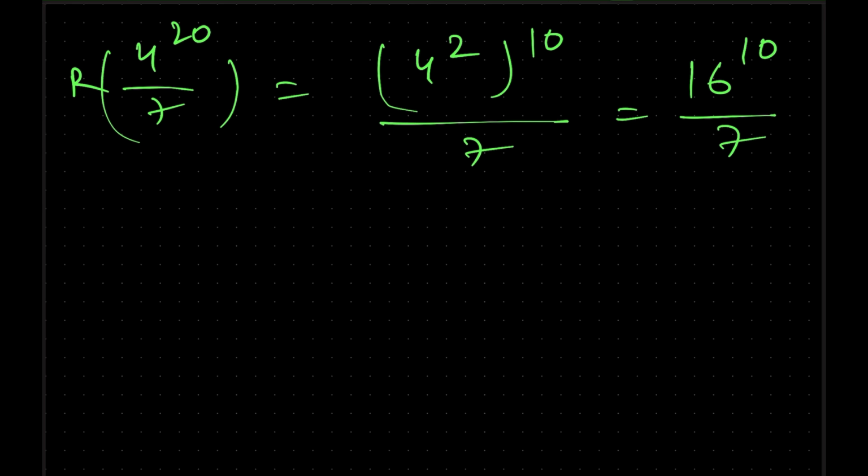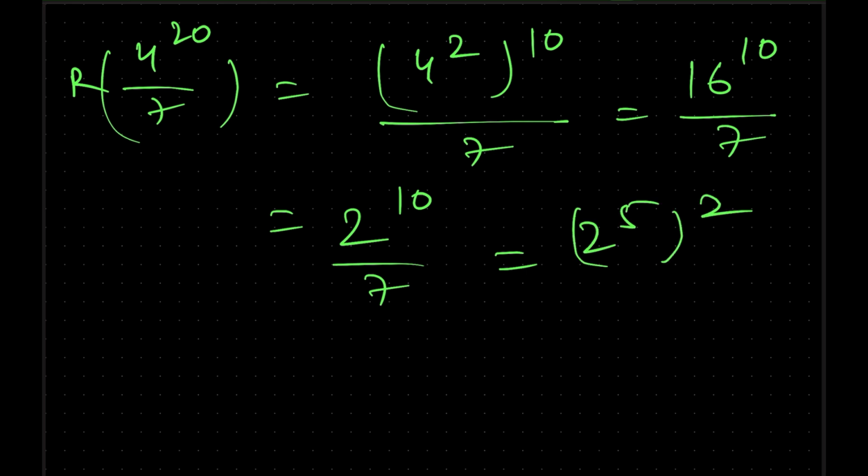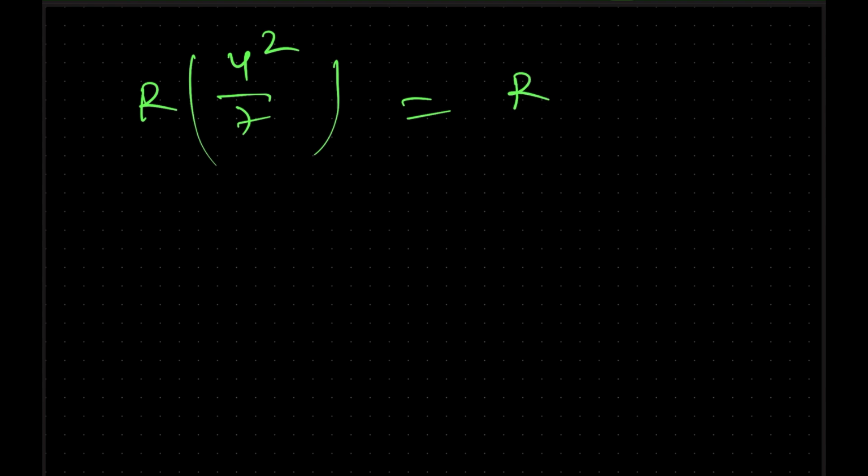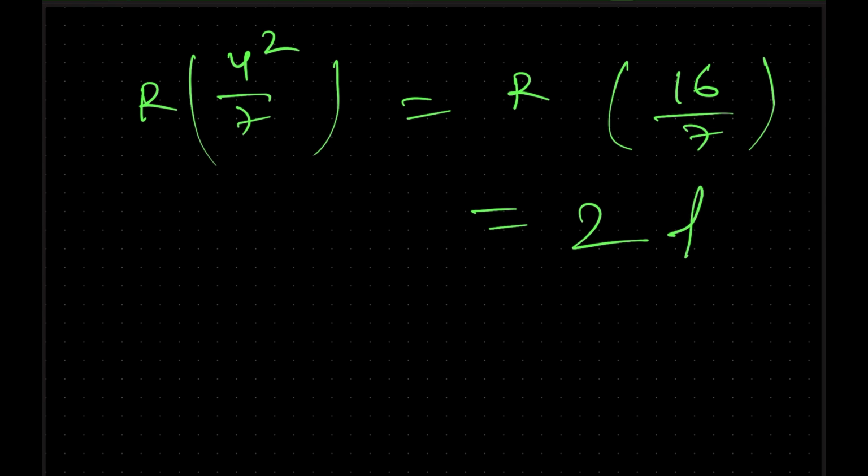When 16 is divided by 7, we get 2 as remainder. So 2 to the power 10 by 7. Again, if we split it as 2 to the power 5, squared, we get 32 squared by 7. When 32 is divided by 7, we get 4, so 4 squared by 7. So at last we are getting 4 squared by 7 as the remainder. 4 squared is 16, and 16 divided by 7 gives 2 as remainder. So our net final answer is 2.